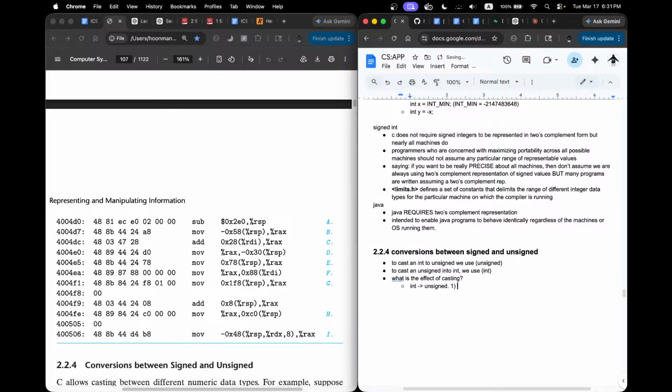One, the int value can be represented as unsigned, meaning a positive value, not negative. And second, the int value cannot be represented as unsigned. It's negative. What happens if you cast a negative value to an unsigned variable?